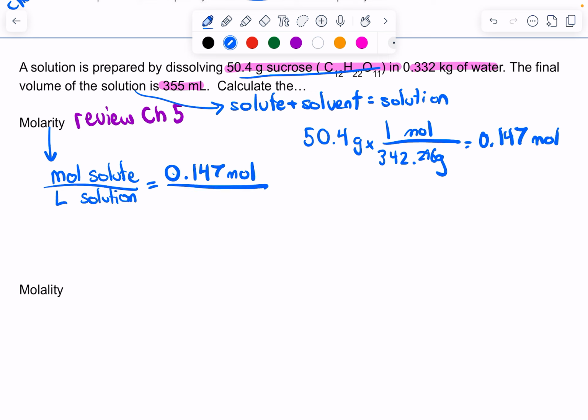And now I'm going to do the liters. So it's like I solved for the moles, I'm going to solve for the liters, and then I'm going to divide one by the other to give me my end answer. So solving for the liters, I'll do it just this one time, but you should know that if you have hundreds of milliliters, that's going to equate to 0.355 liters.